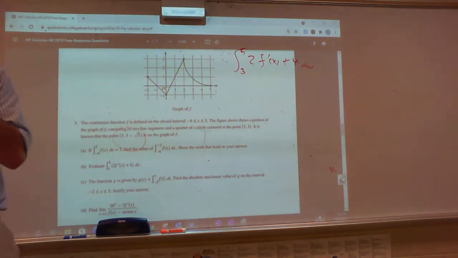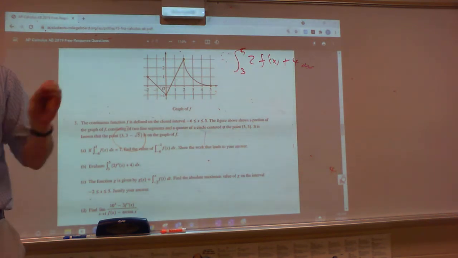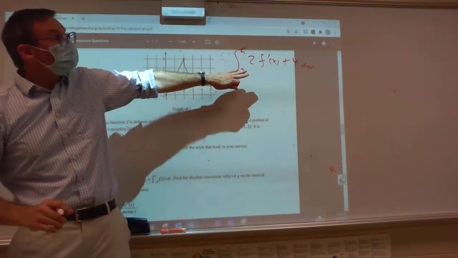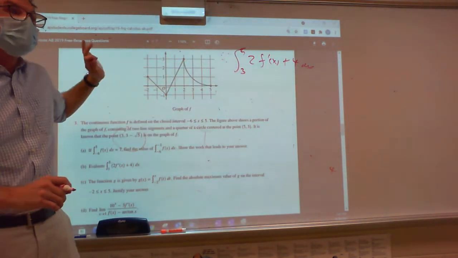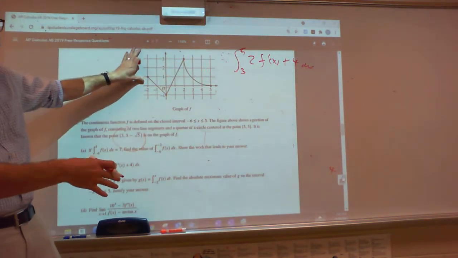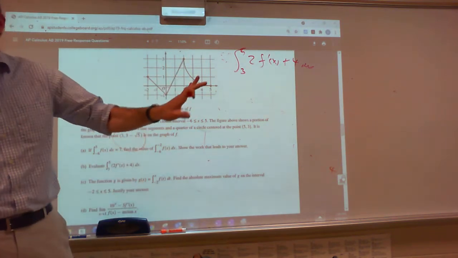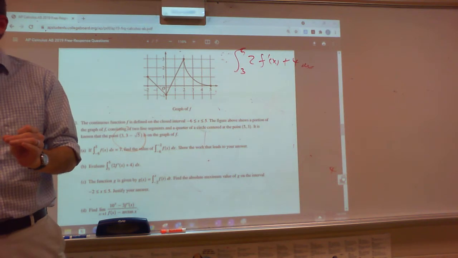Please pay attention to this. They used to ask this a ton on the multiple choice, and apparently in 2019 it's now a free response question. This is not a hard question. I want to make sure you get it right.